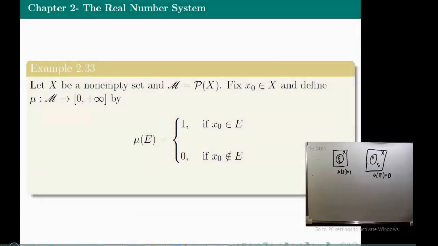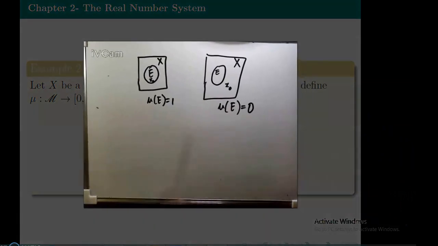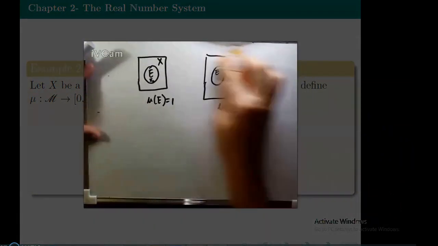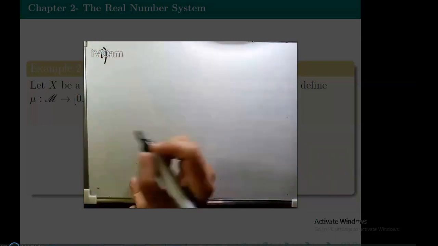Now, we will show that this function is a measure by showing the two conditions. The first condition is that mu of the empty set is 0. So, is it 0? Let's have here the first condition.